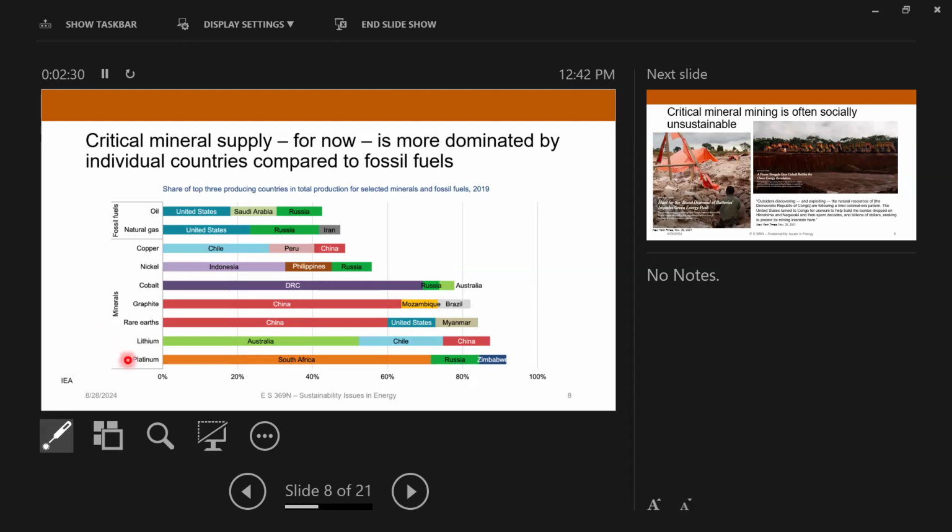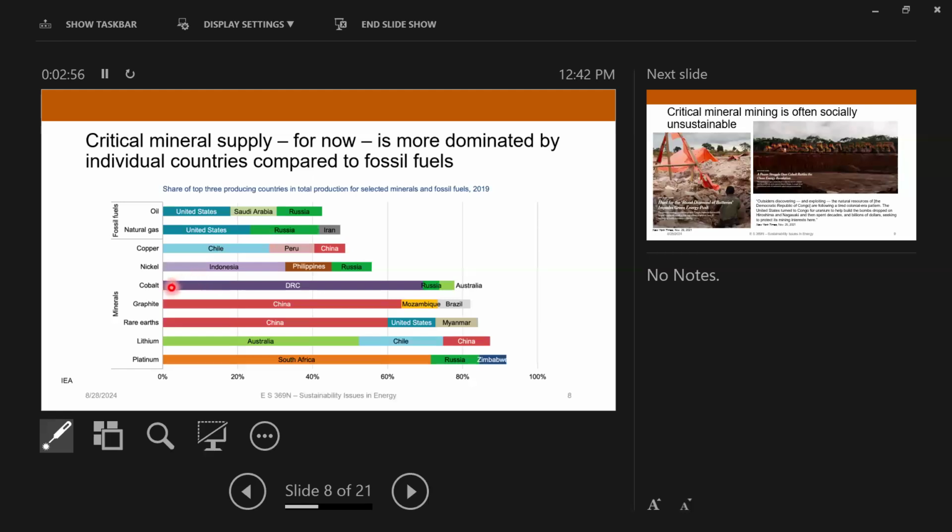So let me give you an example. Let's look at cobalt. The vast majority, upwards of 80% of the world's cobalt, comes from the Democratic Republic of Congo. Contrast that with oil. The top 3 oil producers in the world, which are the US, Saudi Arabia, and Russia, it's fairly evenly distributed in terms of who's producing what.